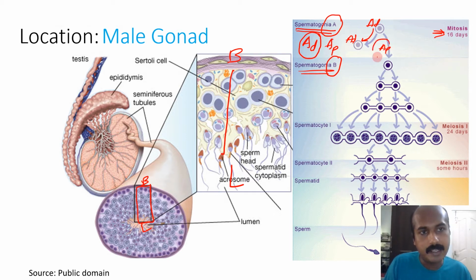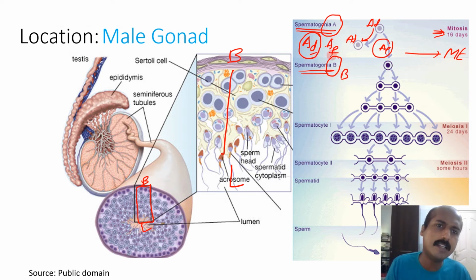The A pale cells are more committed and will again undergo mitosis, and the product of that mitosis is the type B spermatogonium. Now, why is it called dark and pale? It is because of the color of the chromatin. A dark will have a darker chromatin material.